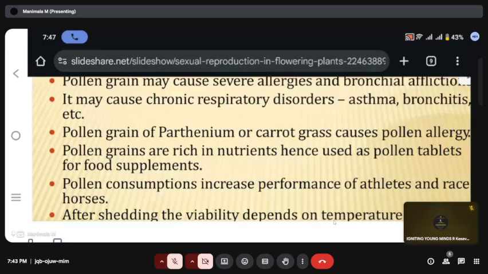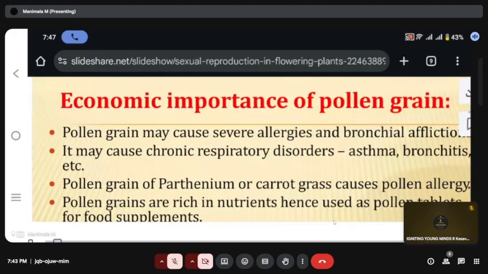Okay, the first thing: what allergies do pollen grains cause to us? What are the disadvantages when we discuss pollen grains? Pollen grains cause allergy, ma'am, and also bronchitis and asthma.